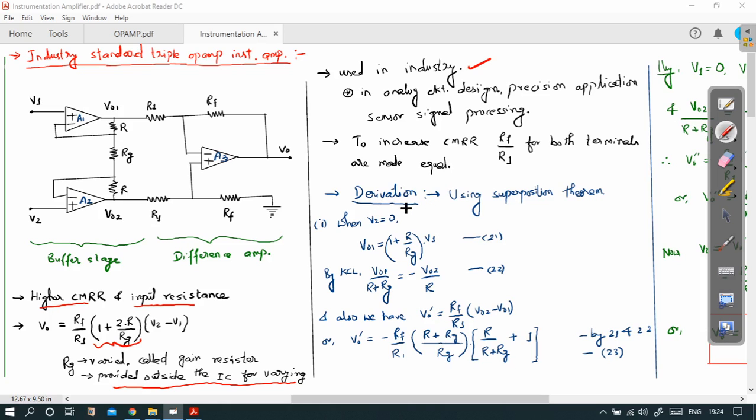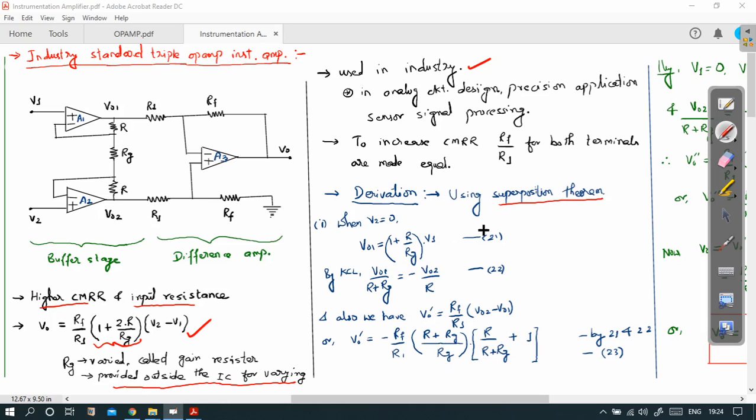Now let us see the derivation for this equation for the output voltage V naught. For the derivation for this industry standard op-amp instrumentation amplifier, the superposition theorem would be used.